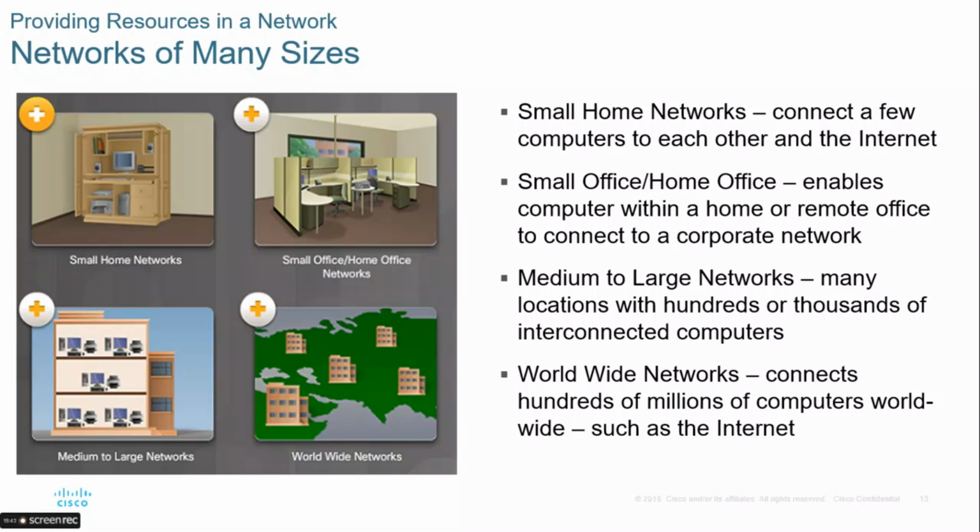So that is a medium to large network, an example of such. And you see the interconnection of all this have formed what we call the internet, or has formed what we call the worldwide networks. This connects to hundreds or millions of computers.